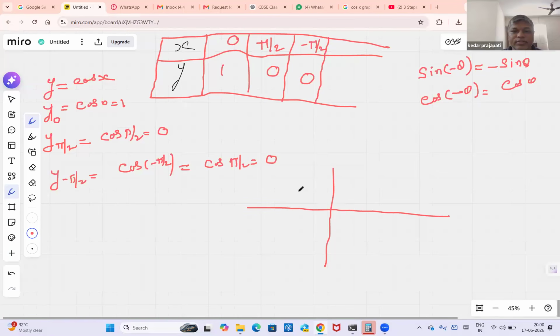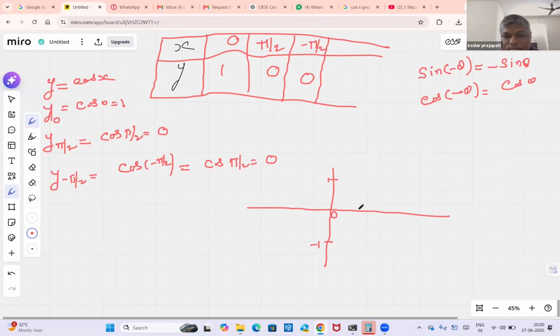So suppose this is 1, this point is 0, and below will be minus 1. I take 0, pi by 2 and minus pi by 2.